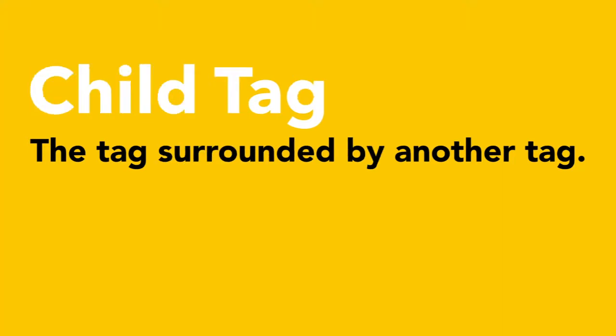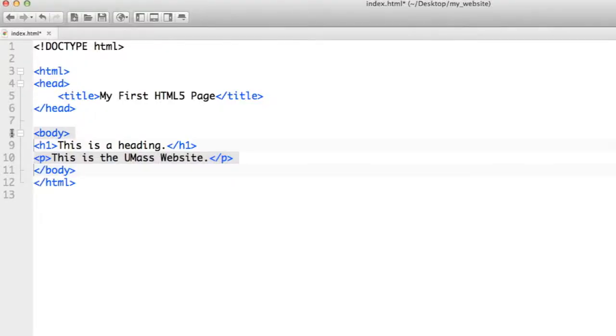So in this case, the paragraph tag is the child tag of the body tag, and the body tag is the parent tag of the paragraph tag, but it's also the child tag of the HTML tag. So I hope I didn't confuse you there. That's just terminology you might hear me or other people in web design use. It is a nesting language, and you can put tags and elements inside of other tags and elements.